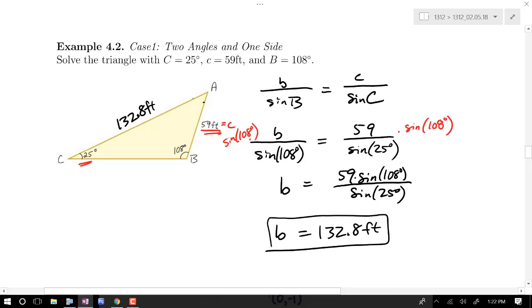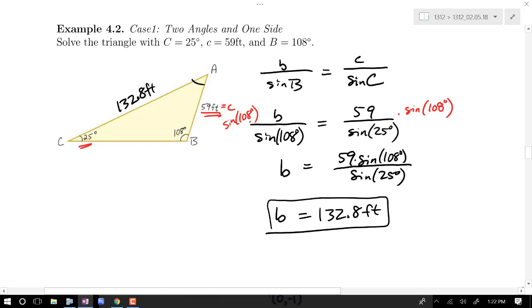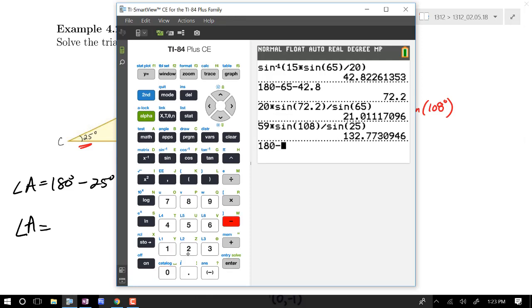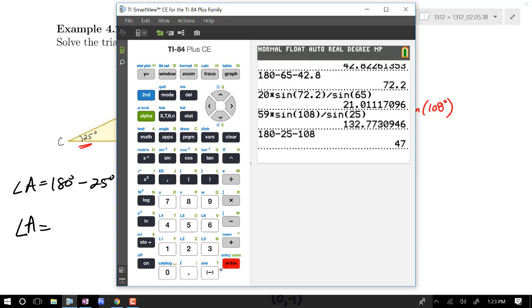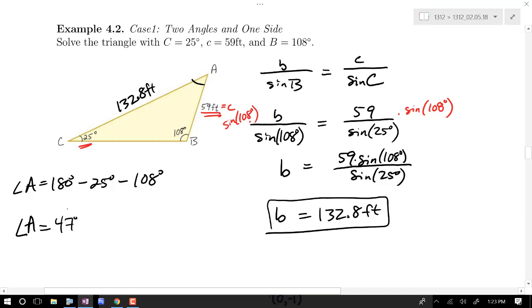And that one's pretty easy because we could just subtract from 180. So we get 47 degrees. And now we can find side A using law of sines.